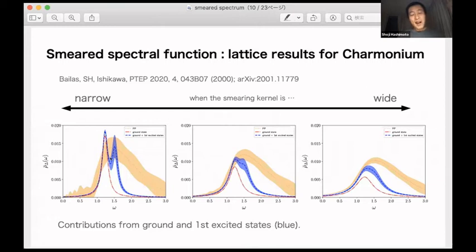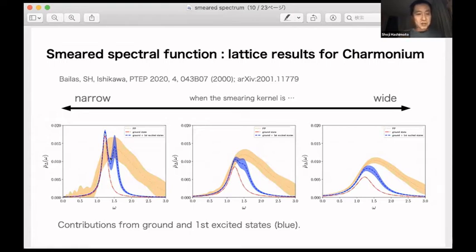If I take my smearing range safe enough, wide enough to estimate precisely, we somehow lose the structure of the ground state and the first excited state.